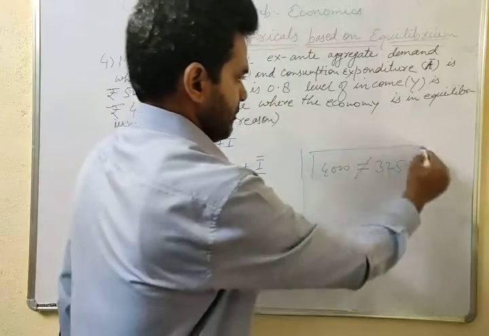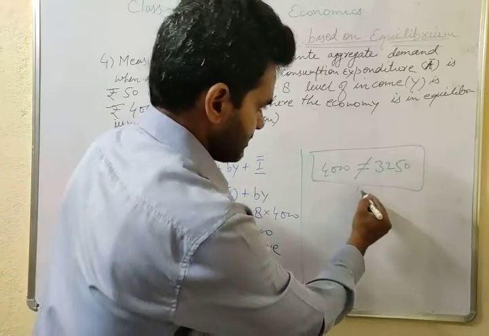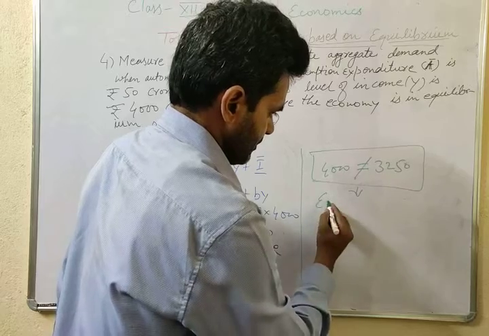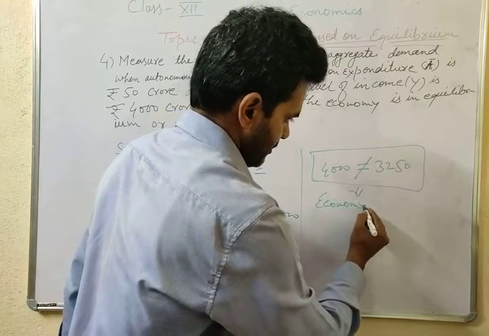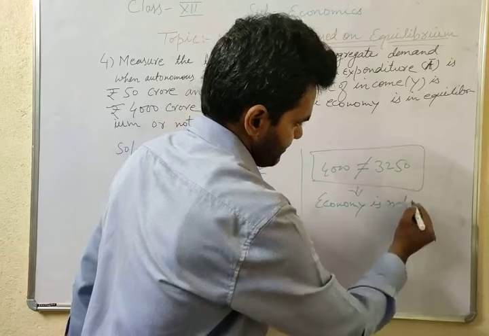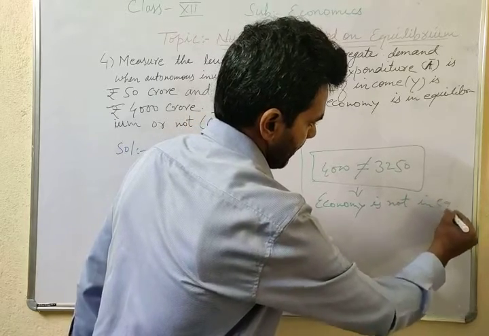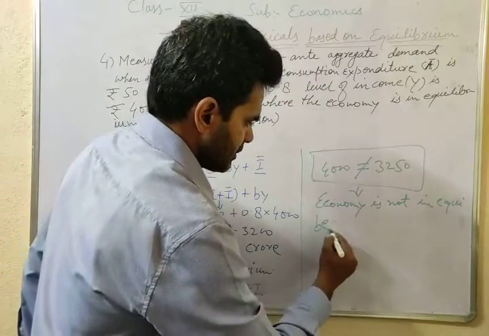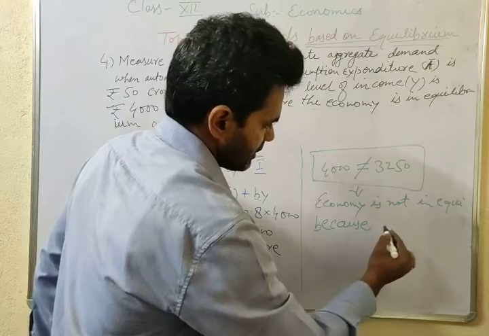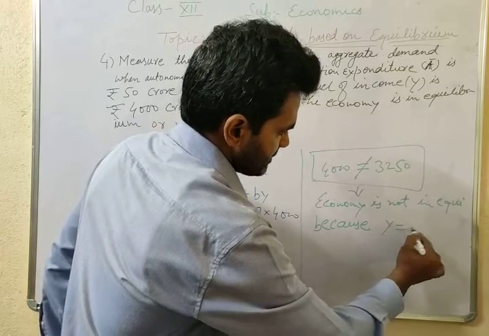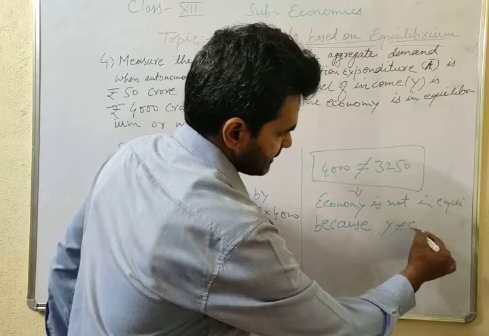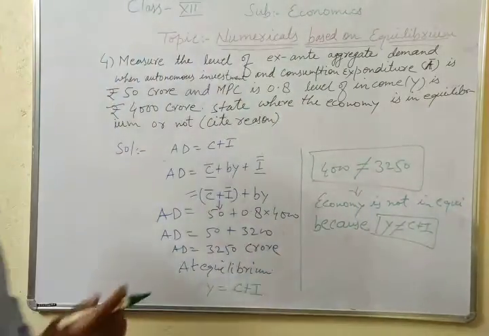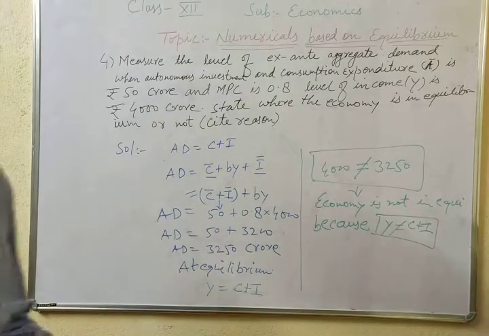These are not equal. So the economy is not in equilibrium. Why is it not in equilibrium? Because Y is not equal to C plus I, which is the required condition for being in equilibrium.